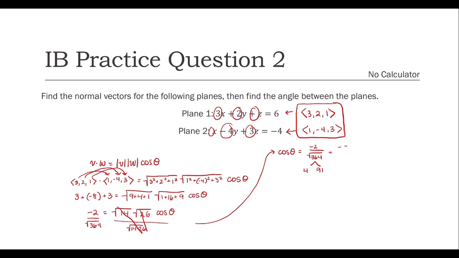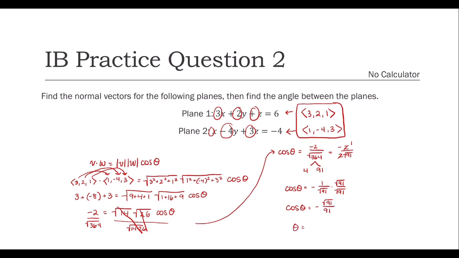So this is going to be negative 2 over 2 root 91, which then we simplify to negative 1 over the square root of 91. So cosine of theta equals negative 1 over the square root of 91, which we can rationalize by multiplying by the square root of 91 over the square root of 91. So the cosine of theta equals negative root 91 over 91.